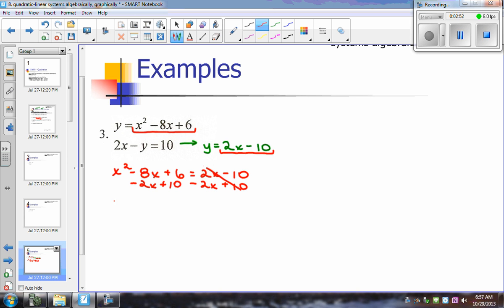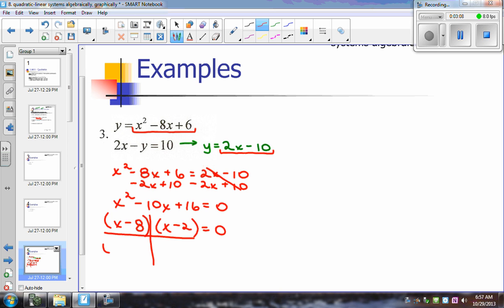And in the case of these, as I said, these will be factorable, which is a great thing to know. So at this point, this trinomial is factorable, creating factors of x minus 8 and x minus 2. We're going to t-chart and get each individual x value.